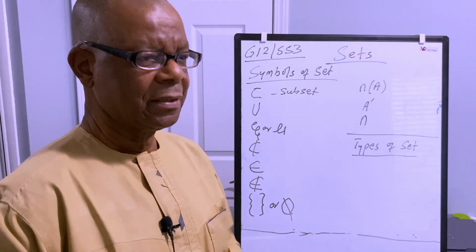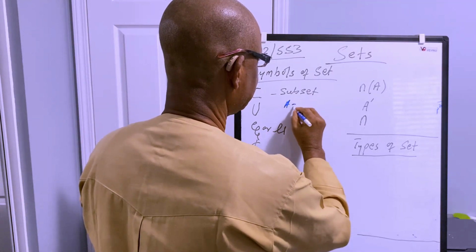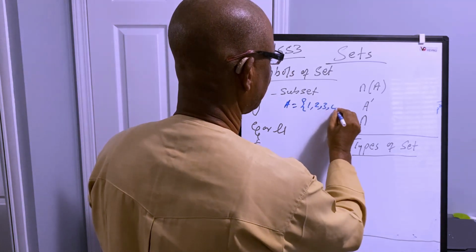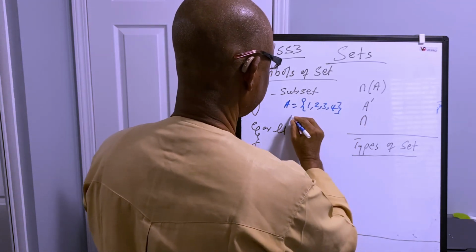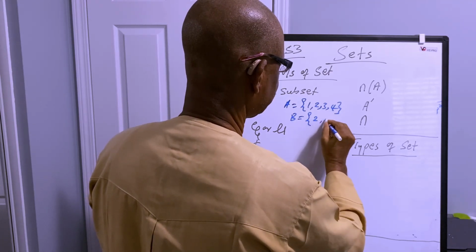What I mean is, assuming we have set A to be 1, 2, 3, 4, and we have set B to be 2, 4.